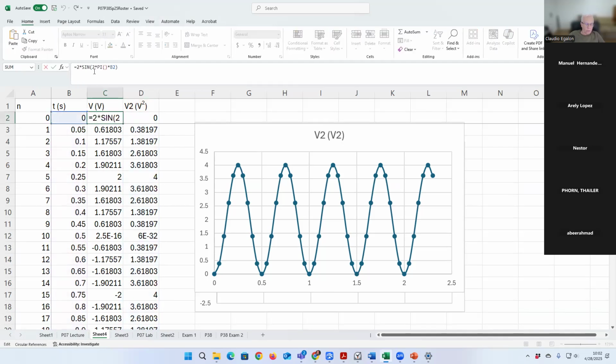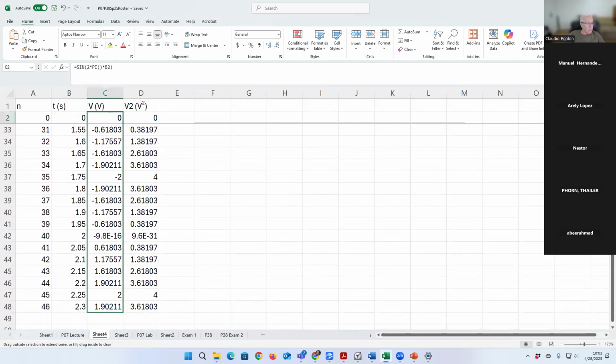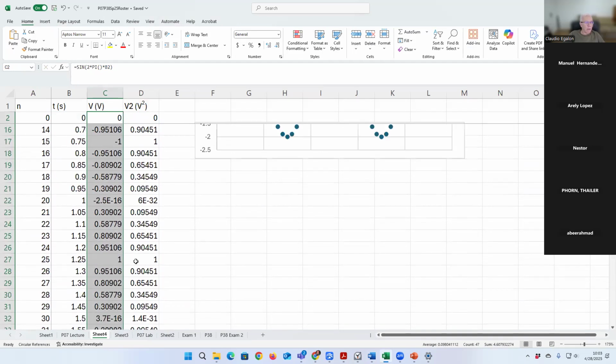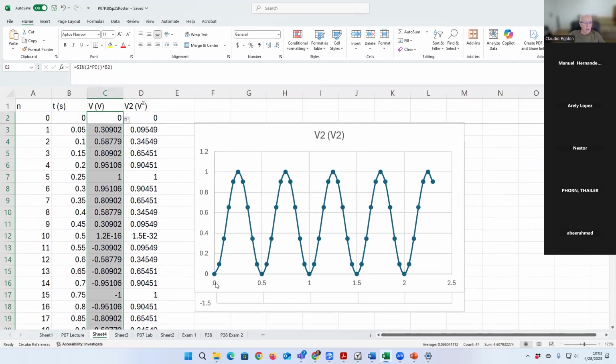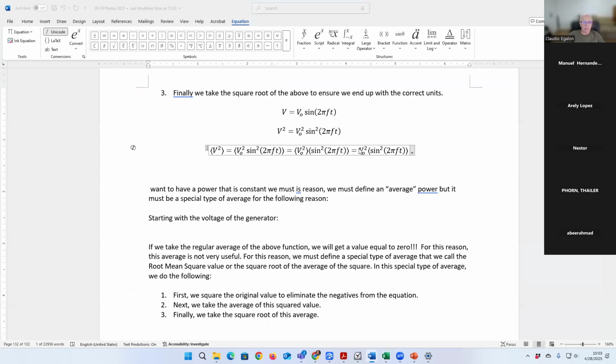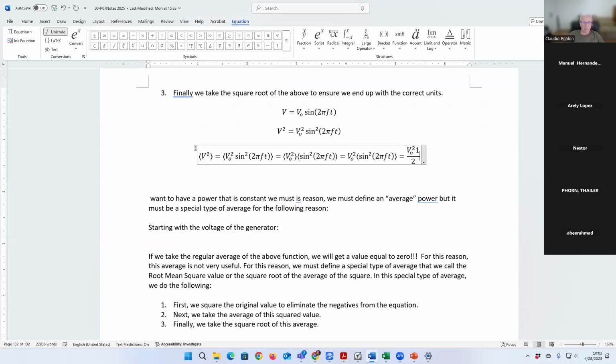I have to take this out. Remember, I'm taking the average of the sine square, not of this two times sine. Now we got it right. The value is going to be between 0 and 1, and the average value of this function is going to be half. So the average value of my sine square is going to be half.